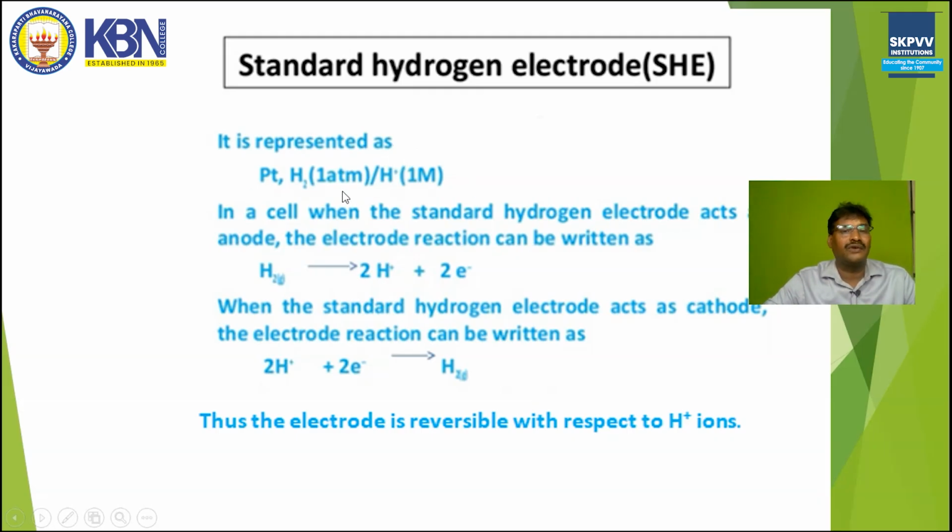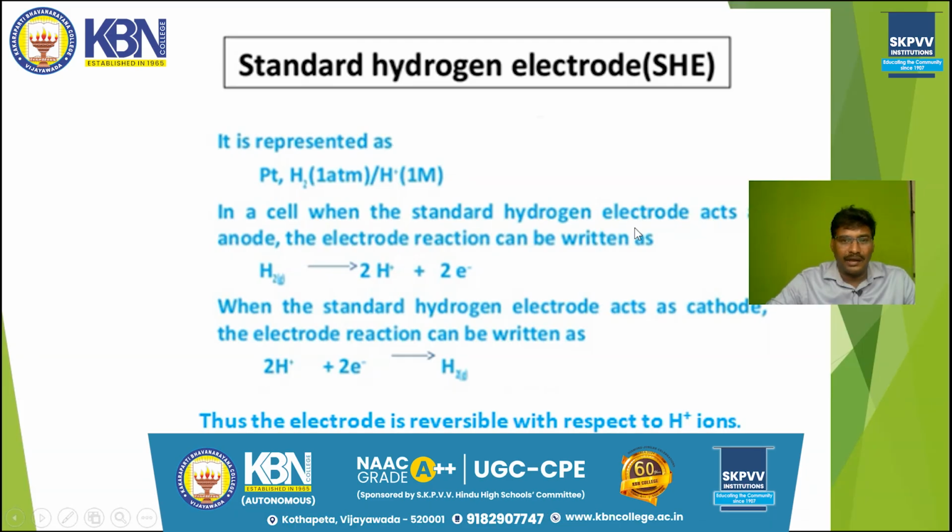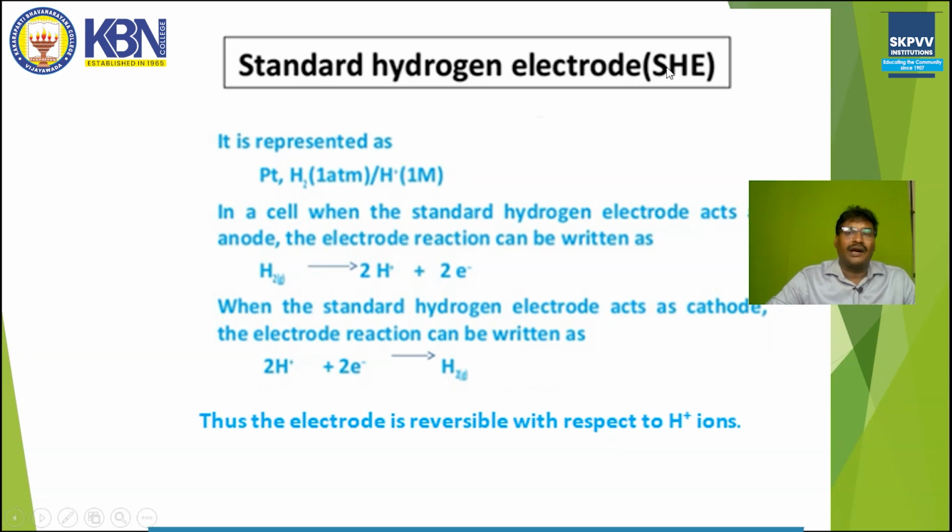Pt, H2 at 1 atm, H plus 1 molar solution. This is the normal hydrogen electrode or standard hydrogen electrode, simply called SHE.